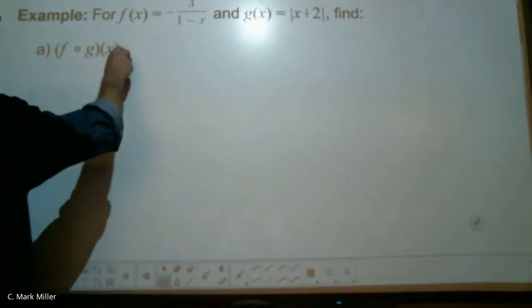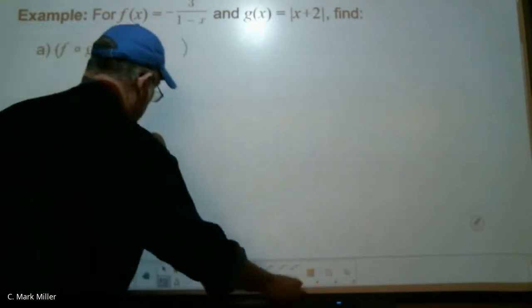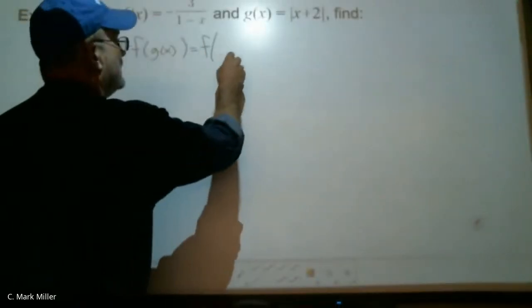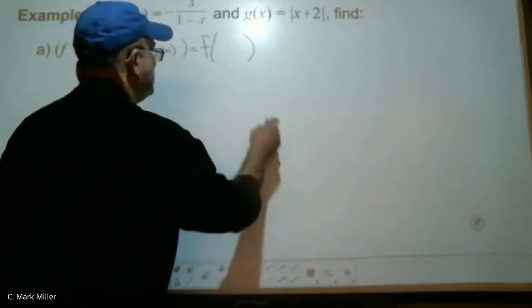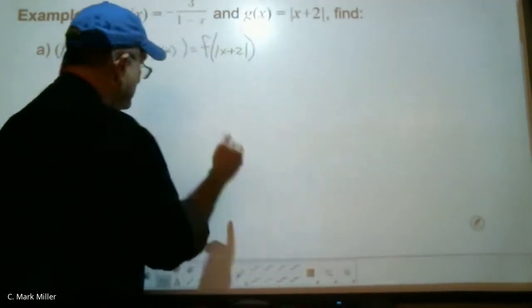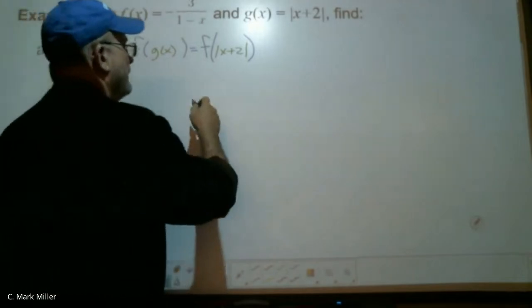So what's this going to be? This is f of g of x. That means f of absolute value x plus 2 equals what?